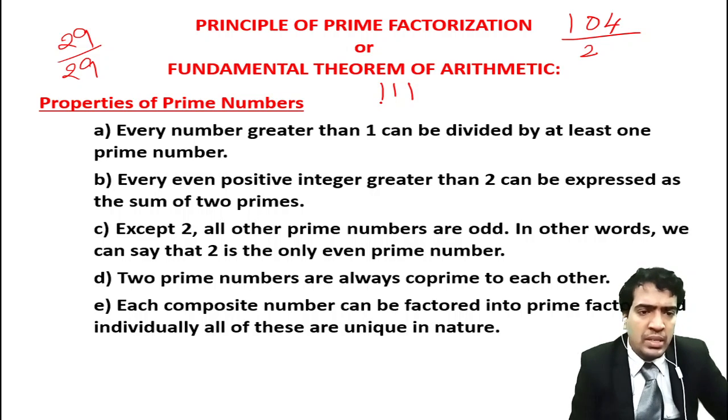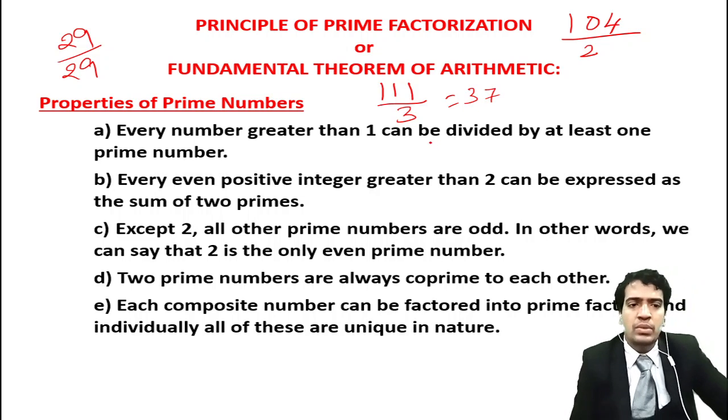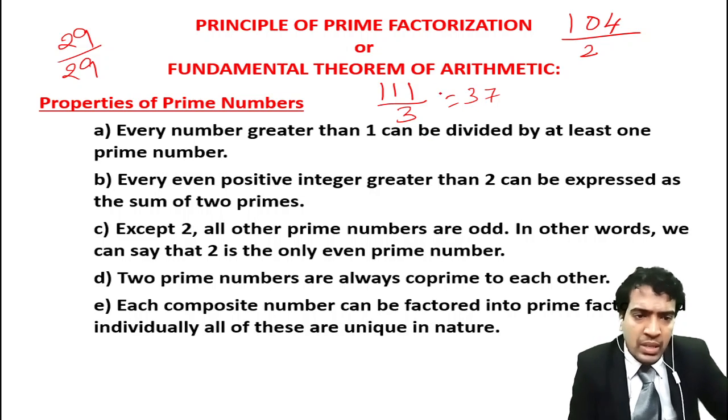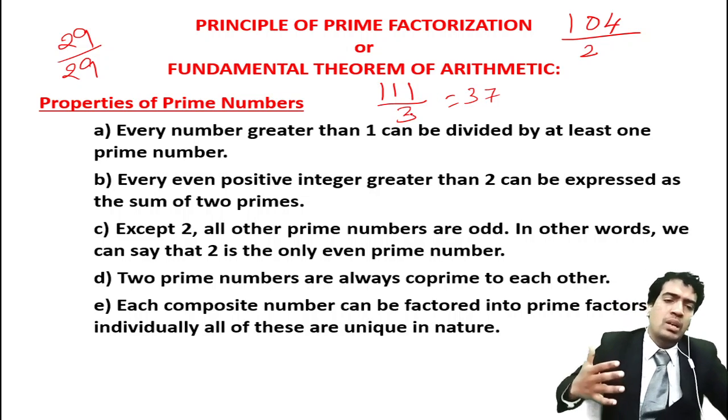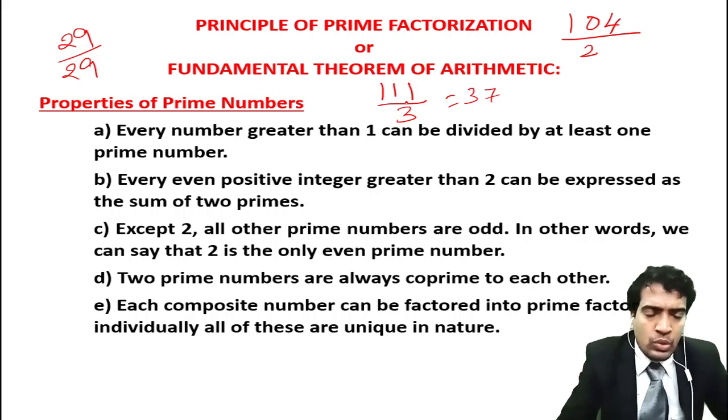Let us take the digits of 111. This is divisible by 3, right? Because the sum is 3. When you divide it by 3, 3 threes are 9 and 3 sevens are 21. Okay, it gives the quotient as 37. You can try it with other numbers. Even the number 1111 also will be divisible by a prime number, but we have to find out. It is difficult. Probably you can try it for yourself.